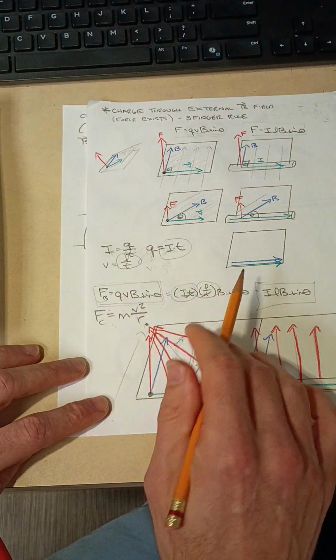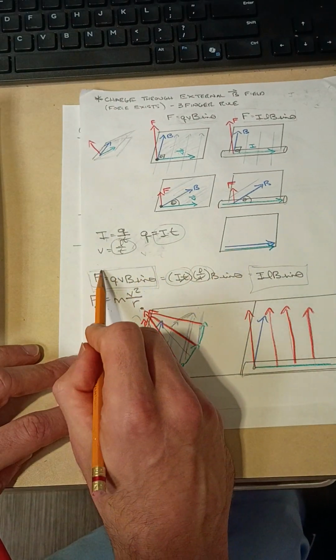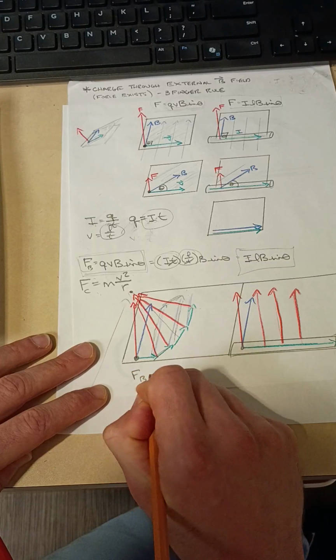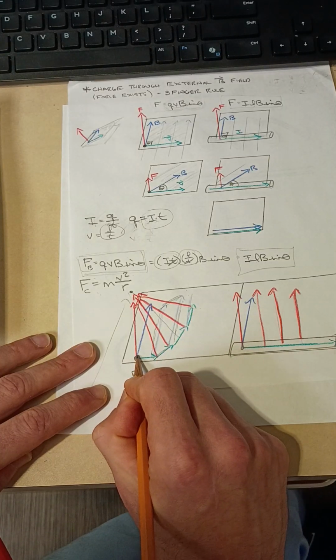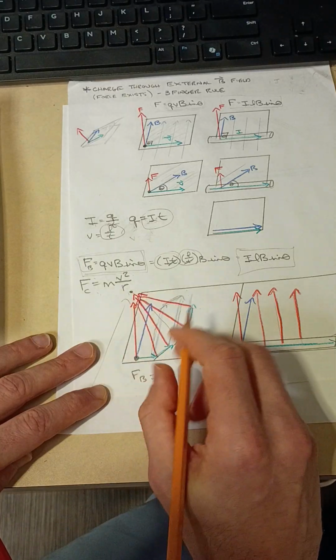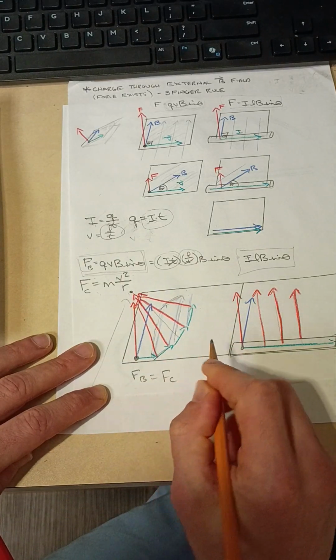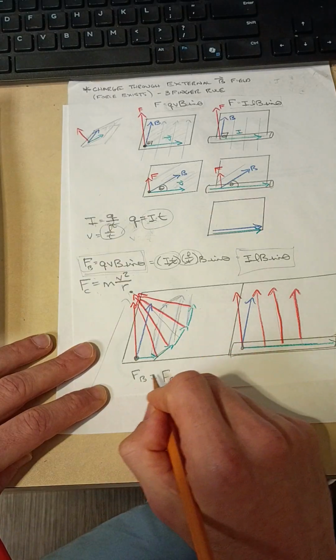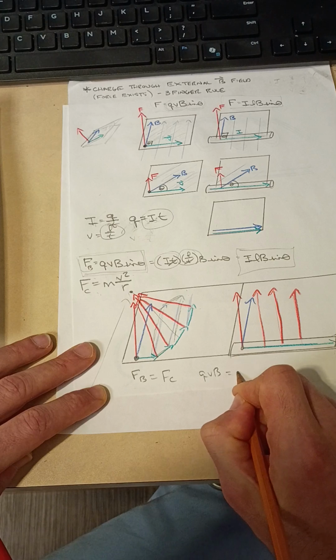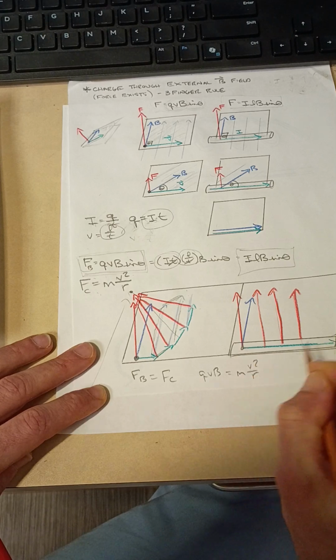Okay, and if you were to set these two equal to each other, since the force on this particle going up is the same as the centripetal force, right? You can say QVB equals mv squared over r.